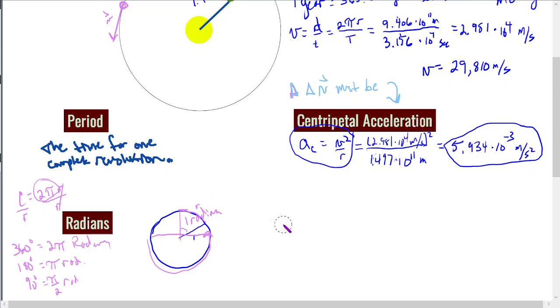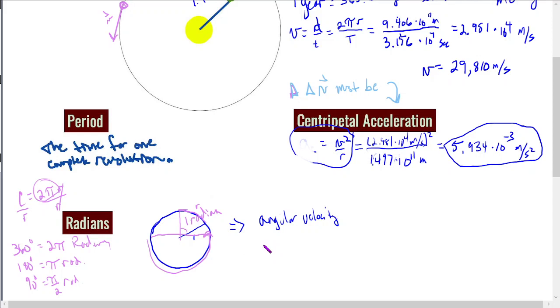Okay, so those are radians, and we will have more practice at this as we move on. But this does lend to our idea of angular velocity, and our angular measurements.